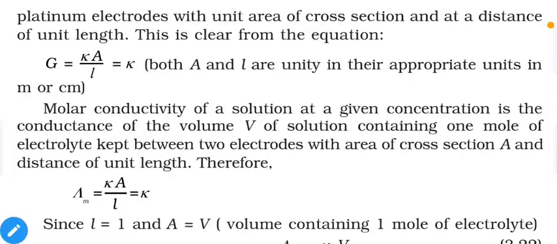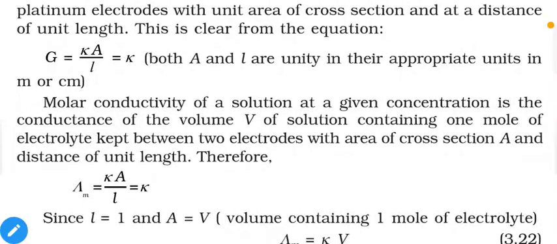And as we know, conductivity is directly proportional to area of cross section and inversely proportional to length. That means for normal conductivity, if A increases, then conductivity increases. If A increases, then molar conductivity increases. If L increases, G decreases, and again the same thing, if L increases, lambda m also decreases. These points are similar for both of them.